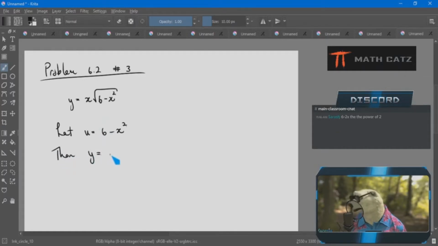Then my outside function is what? Well, certainly the root of 6 minus x squared is going to become the root of u. Well, there's still an x here. Right? That x doesn't have any obvious way of being changed into a u. It'd be different if that x wasn't there.